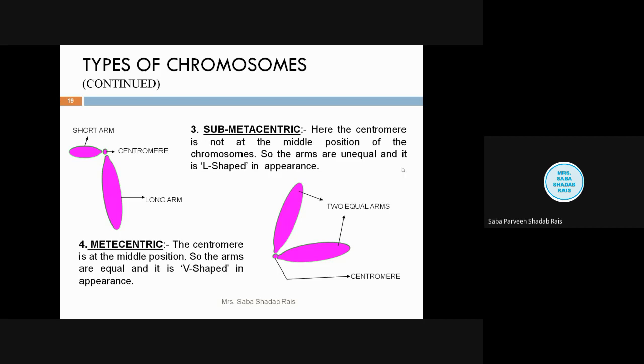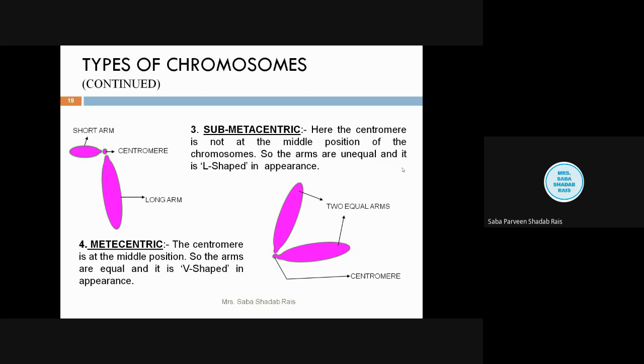Acentric chromosome means the centromere is absent. Such types of chromosomes are formed because of problems in division, that is inversion and so on, but due to the lack of the centromere, this type of chromosome fails to survive and fails to divide, and such a category is not present in any species. But the chromosome which lacks the centromere is known as acentric.